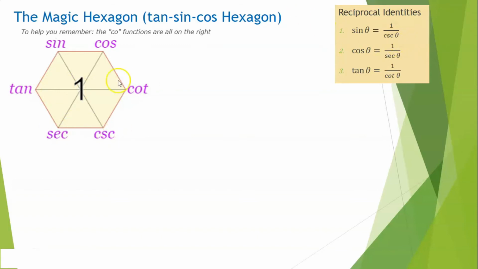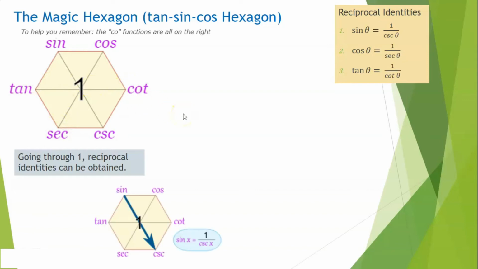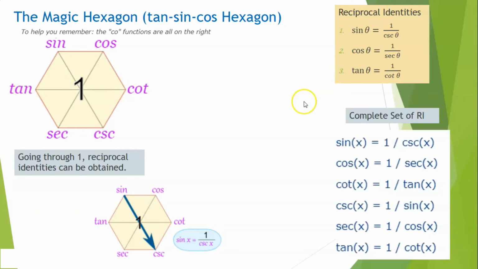To get the reciprocal identities, simply pass through 1. Meaning sine is 1 over cosecant. Cosine is 1 over secant. Tangent is 1 over cotangent. Or you can also reverse that: cotangent is equal to 1 over tan, cosecant is 1 over sine, and so on. So there are actually other reciprocal identities that you can derive. That's for reciprocal identities. Okay, next.